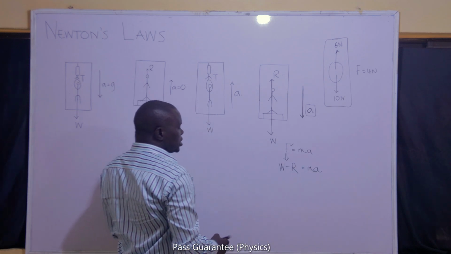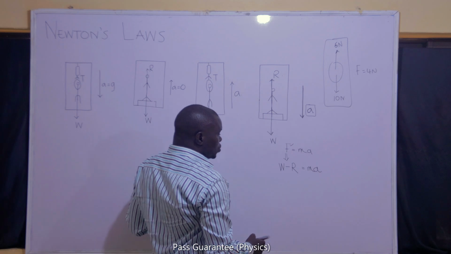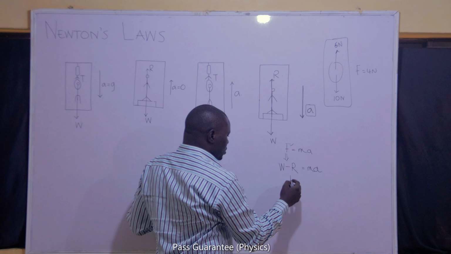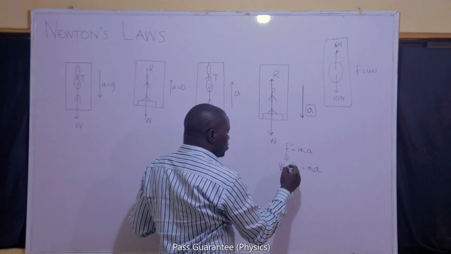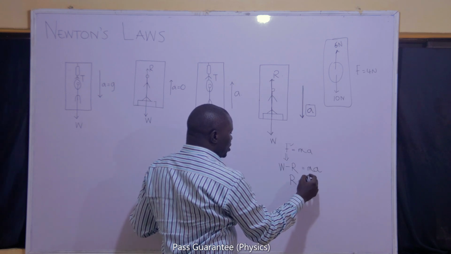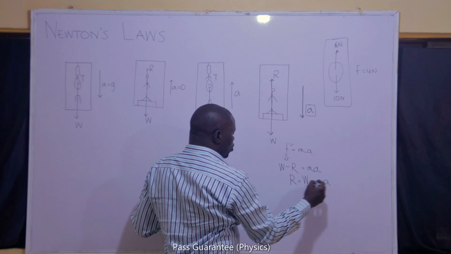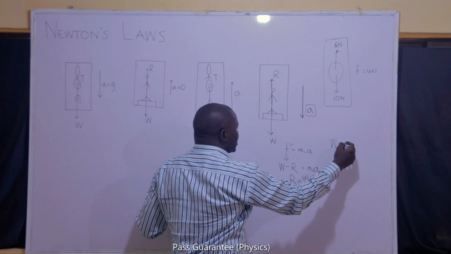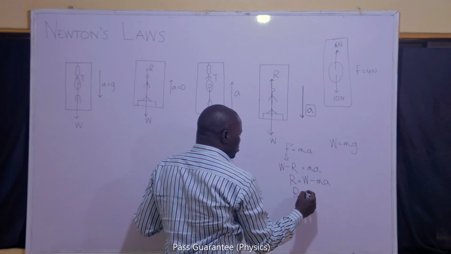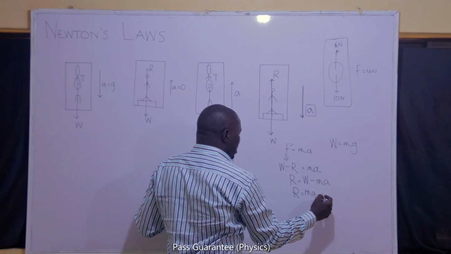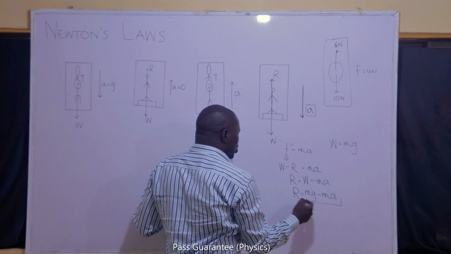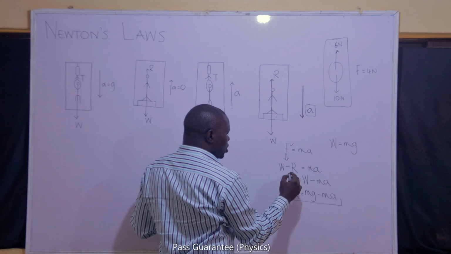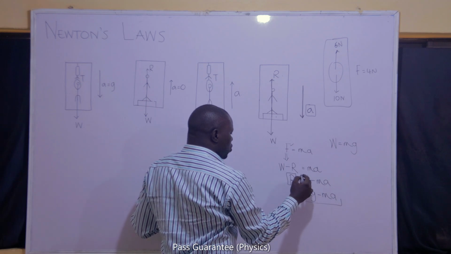If W minus R is equal to ma, I want to find R, the normal reaction. If I make it the subject of the formula, R will be W minus ma. We already know that the weight is always equal to the mass times acceleration due to gravity. It means R equals mg minus ma. So we are going to have a situation where the weighing machine, which I just told you records the normal reaction, will record a normal reaction that is not equal to the weight.